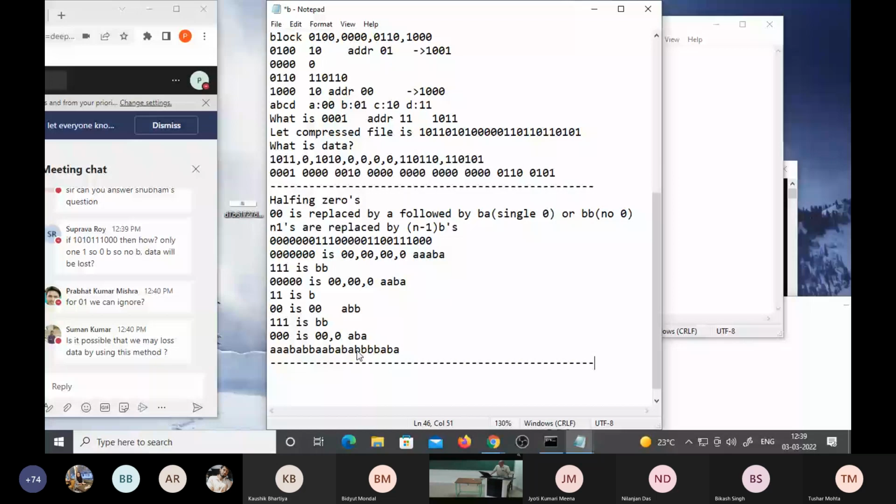We will not like to lose any data. We will like to retain the data. Is it correct? Yes. We would like to retain the data.